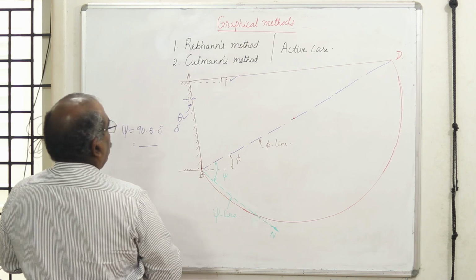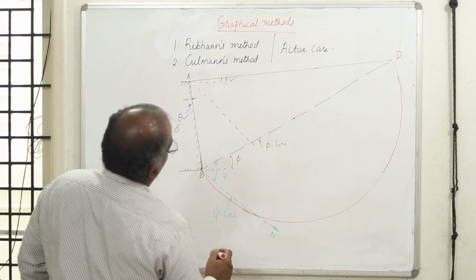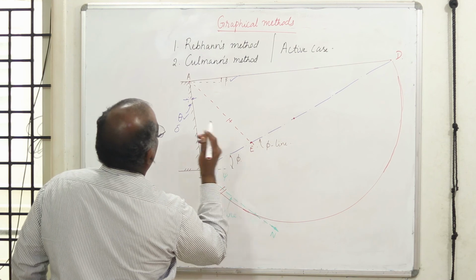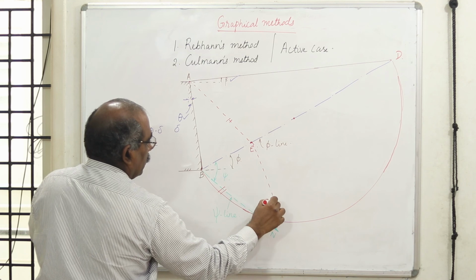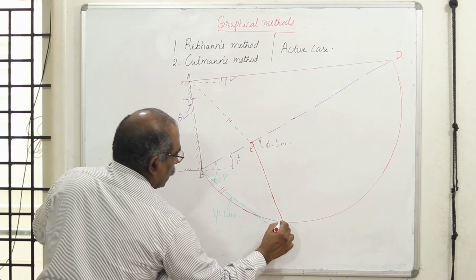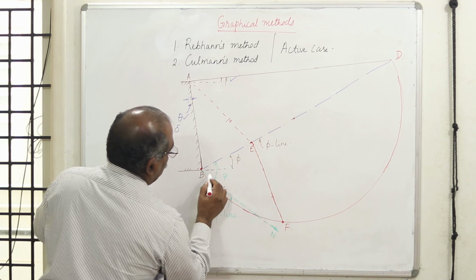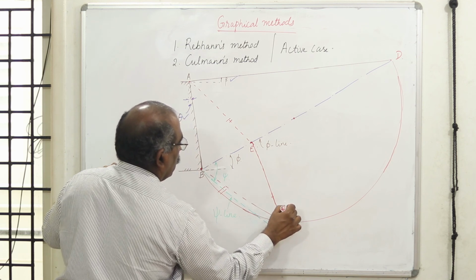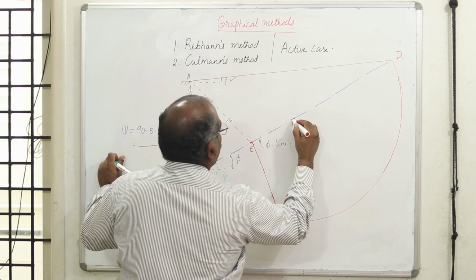These two lines are parallel. I get a point E, AE. From there, I drop a perpendicular. It will cut the semicircle at point F. With B as center and BF as radius, you draw an arc.